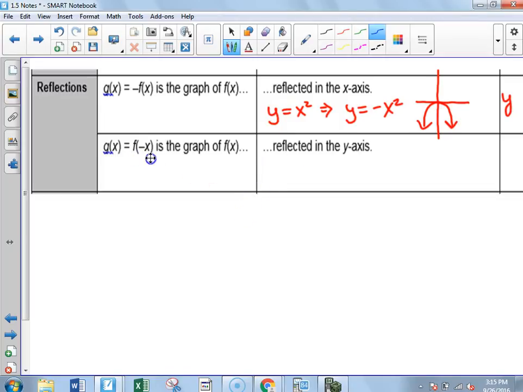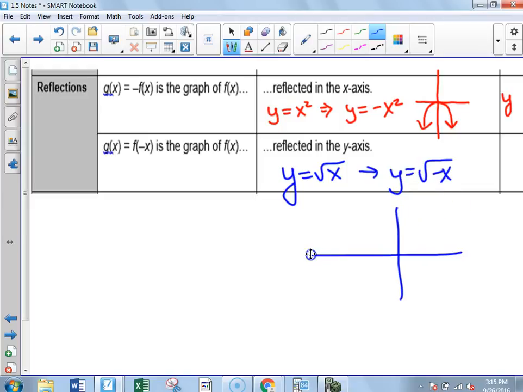This one is more confusing to us, but let me give you an example. If you had the square root of x and it became the square root of -x, that would look like this, okay? It reflects across the y-axis by changing the sign on the x values.